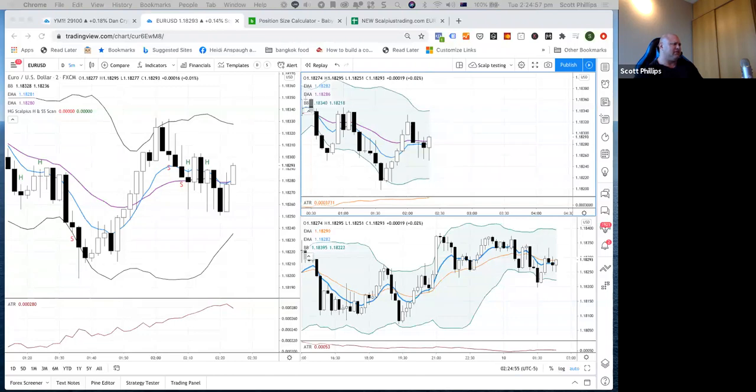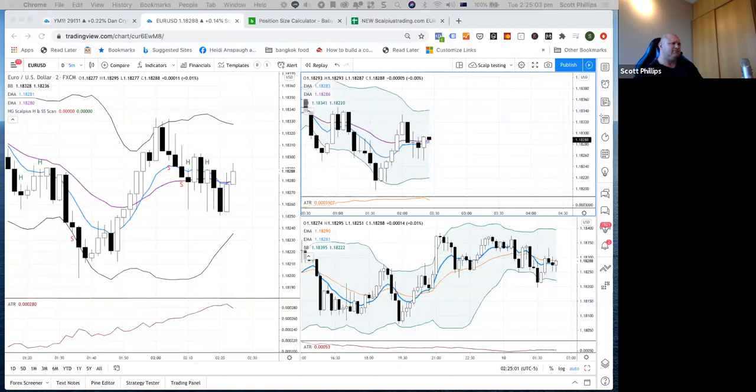Not stopped out yet. Guys on other brokers, has anyone taken this trade been stopped out yet? Just message me privately if you can. Well, looks like it survived.